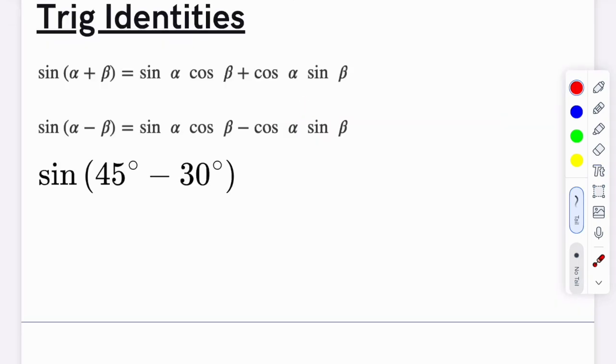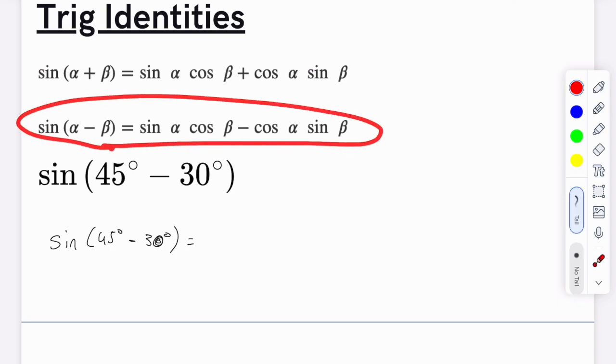Alright, so now we've got the sine variant of this. The sine variant is sine alpha plus beta, which is equal to sine alpha cos beta plus cos alpha sine beta. Similar in concept, but different, obviously, from what you saw before. And if we have an equation like this, how do we expand it? So sine 45 degrees minus 30 degrees can be expanded according to this formula.